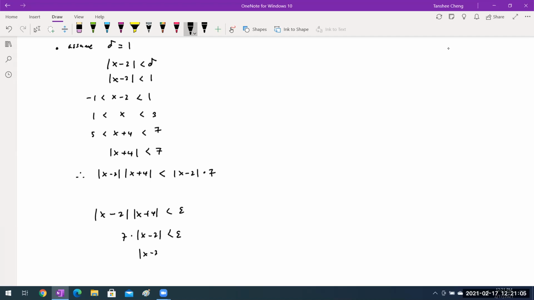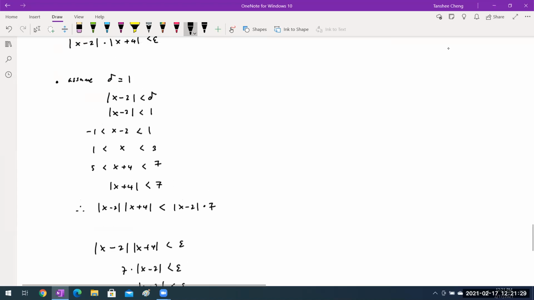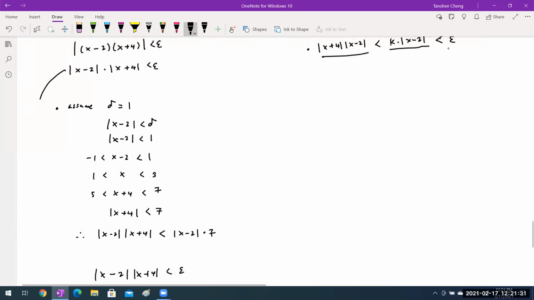Therefore, the absolute value of x minus 2 is less than epsilon divided by 7. What happened now is that we got this 7, by making k equal to 7, by making the assumption of delta equal to 1, and then using that to find my other case, which continues from here.